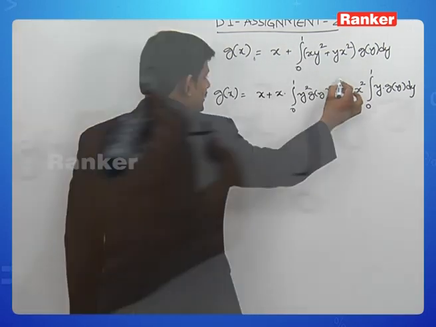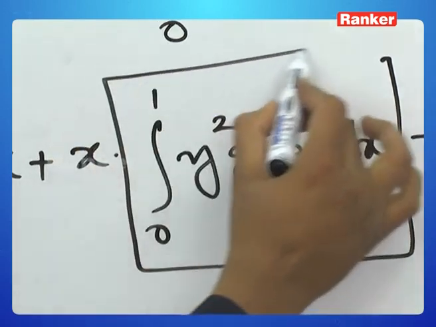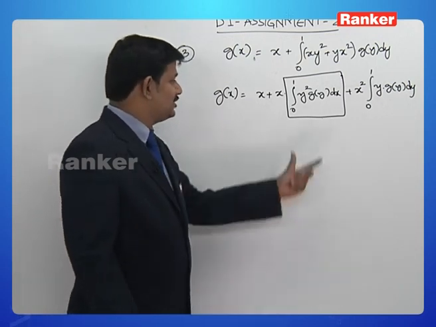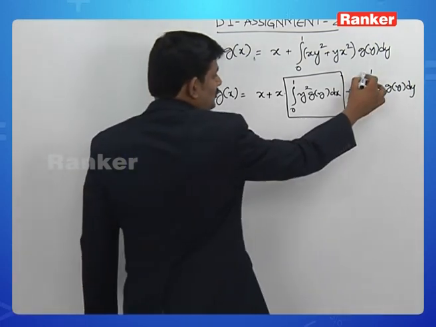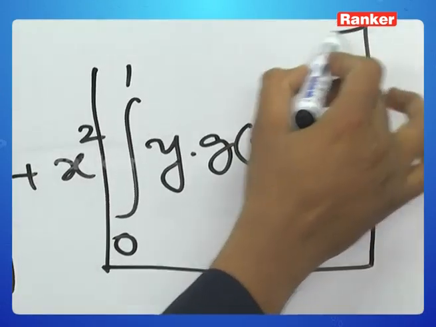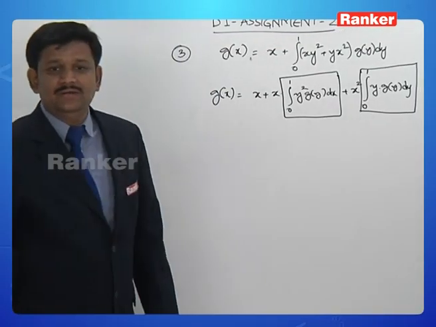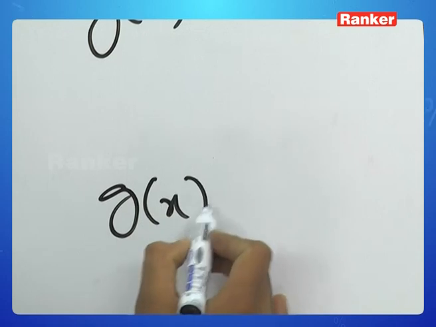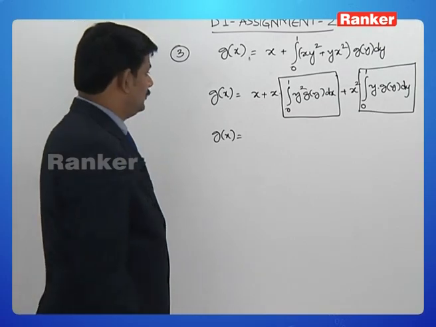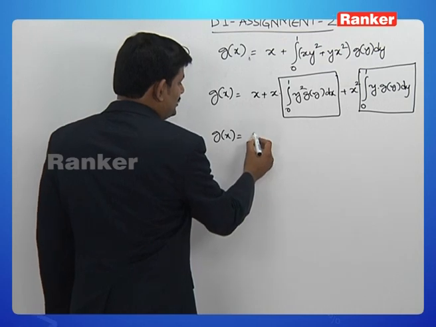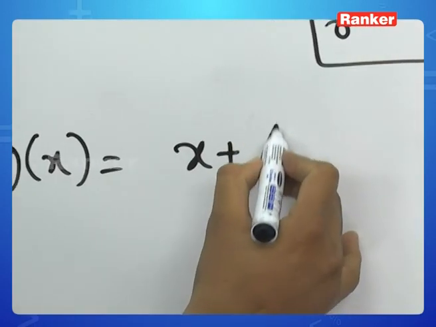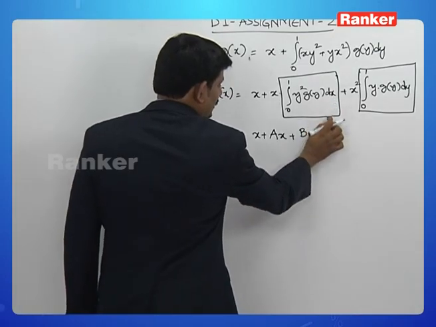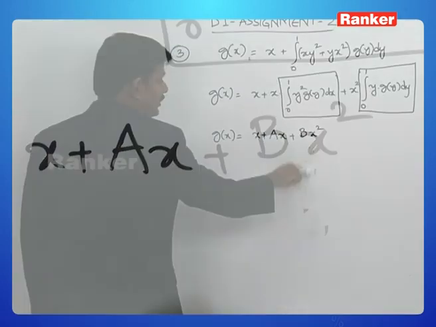Now, the integral from 0 to 1 of y square g of y dy is a constant, and the integral from 0 to 1 of y into g of y dy is another constant. So, g of x is x plus some a into x plus b into x square. g of x is a quadratic.